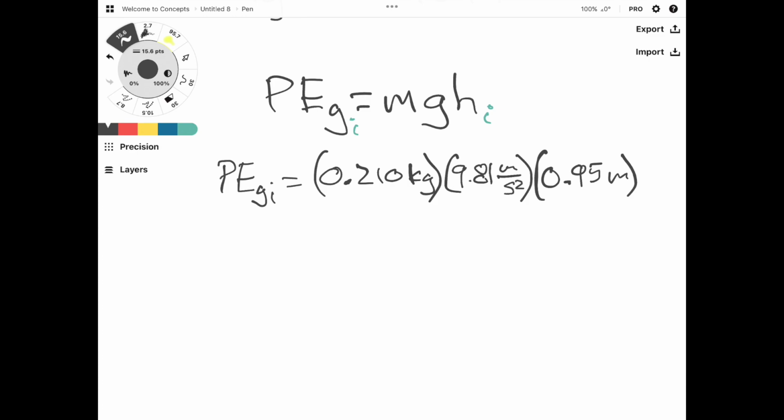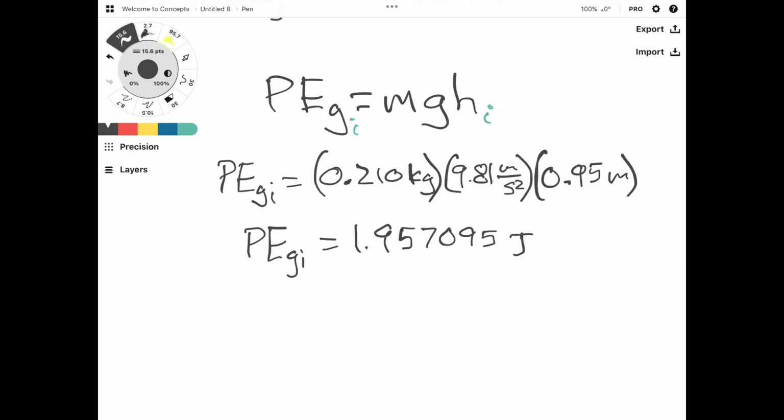So if I plug all those things into my calculator, what I end up with is a potential energy of 1.957095 joules.